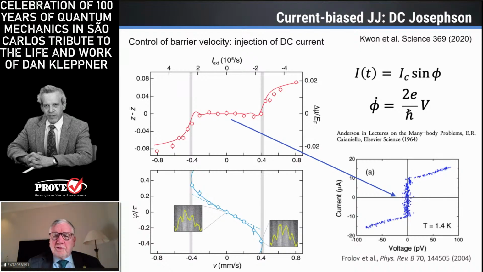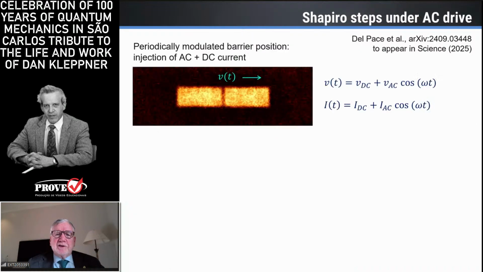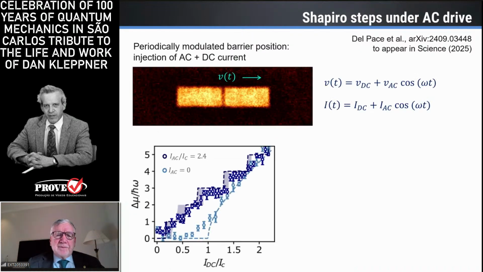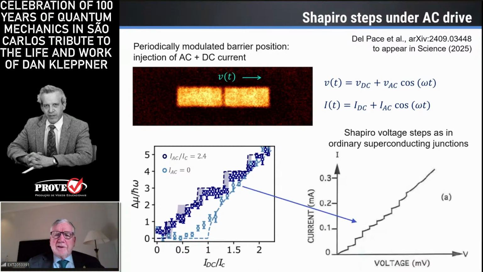You can reproduce a situation that is done in solid state physics, where you see the steps, these Shapiro steps, and a comparison with what happens in the ordinary superconducting junction.